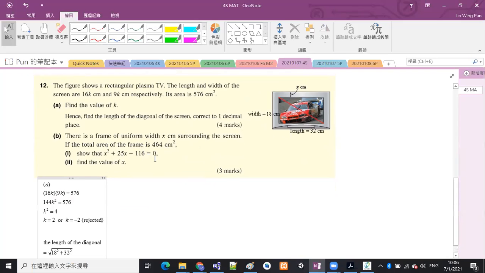If the total area of the frame is 464 cm squared, then you are asked to show that x squared plus 25x minus 116 is equal to 0.